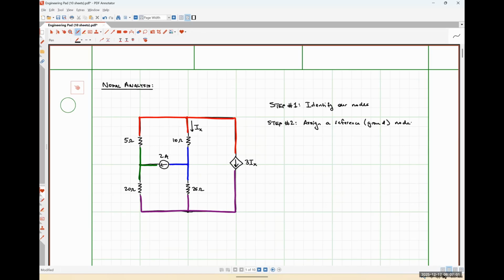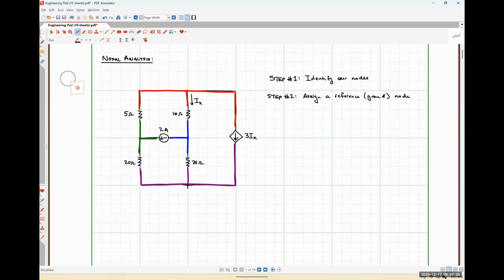But we can see that the red node touches three elements, the green node touches three elements, the blue node touches three elements, and the purple node touches three elements, which means every single node in this circuit is equally good of a one to choose as your reference node. So I'm going to allow you guys to just tell me which one the reference node is going to be. The bottom one. Okay. So I'm going to denote the reference node by putting a ground symbol here.